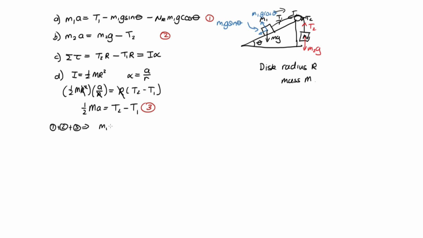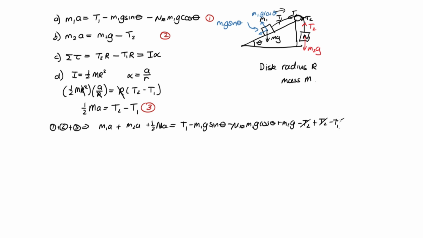This tells us that m1a plus m2a plus a half Ma is equal to T1 minus m1g sine theta minus mu k m1g cos theta plus m2g minus T2 plus T2 minus T1.